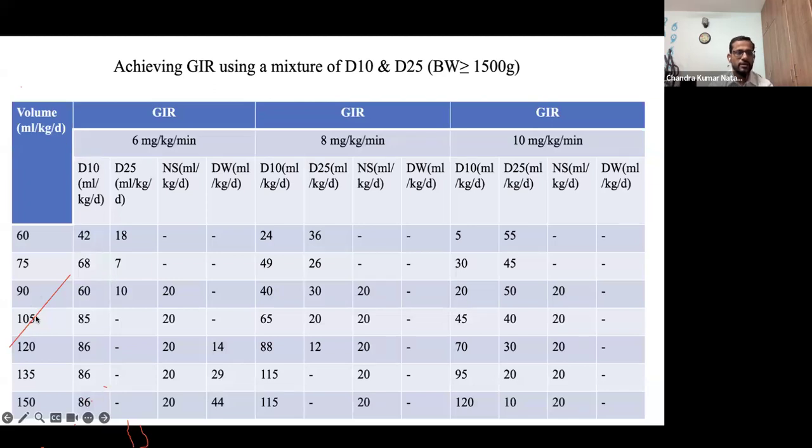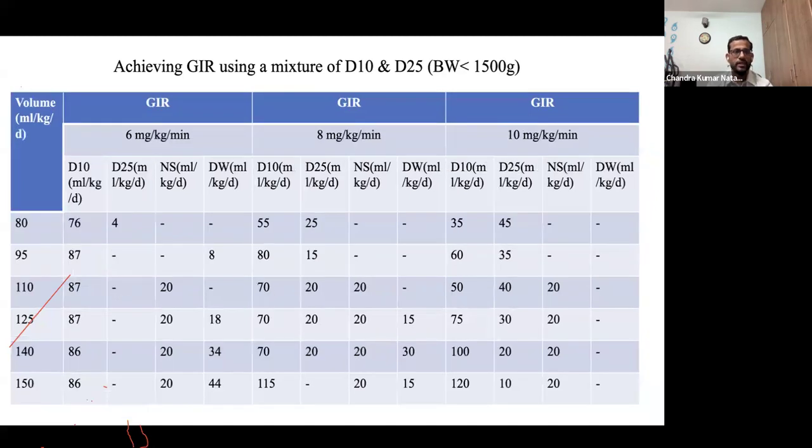So then this is at 90 ml per kg, 120, 150. So various combinations are given here for different GIR requirements. So if we put this table up in the unit, it will be a ready reckoner for us to refer to the composition and then start fluids swiftly. Okay.